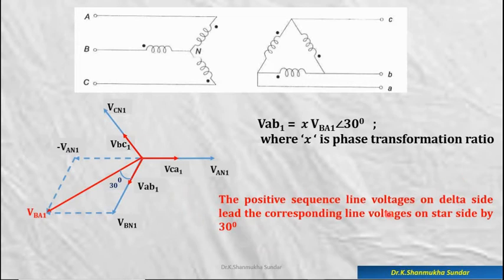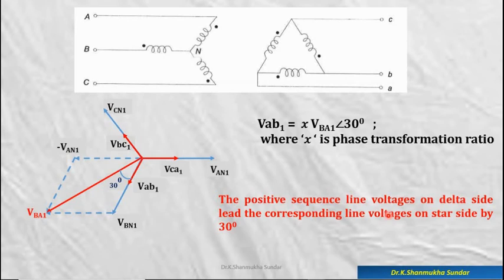Understood? So in simple way, the final conclusion: when the star delta transformer is excited with positive sequence voltages, case 1, the positive sequence line voltages on star side lead the corresponding line voltages on delta side by 30 degrees. Whereas when the star delta transformer, case 2, is excited with negative sequence voltages, the negative sequence line voltages on star side lag the corresponding line voltages on delta side by an angle of 30 degrees.